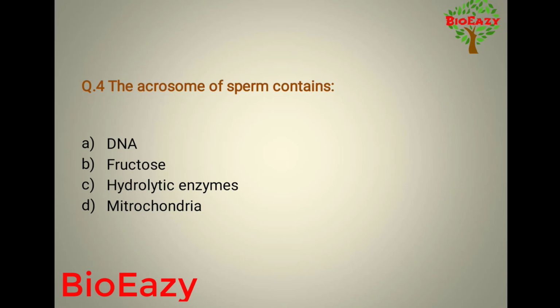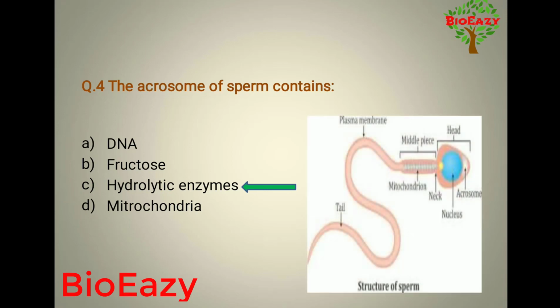Next question is, the acrosome of sperm contains, all of you know that it contains hydrolytic enzymes. So the answer is C. Now you can see the clear image of sperm on which you can see the acrosome, which is found at the apex of sperm, which consists of hydrolytic enzymes.